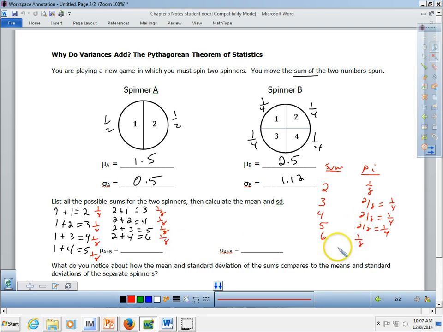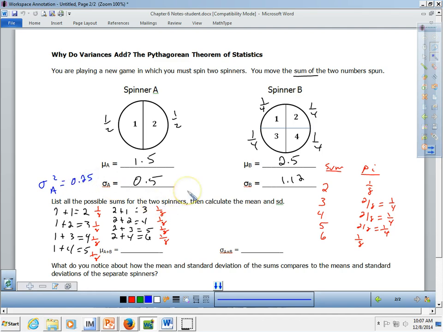Now, before we go find the mean and standard deviation here, I want to back up and talk about the variances too. Because things are going to be easier to see if we also include the variances. And we did this for just our linear transformations too, if we're just going to do some constant work to our random variable. So if I square the standard deviation here, I get 0.25.